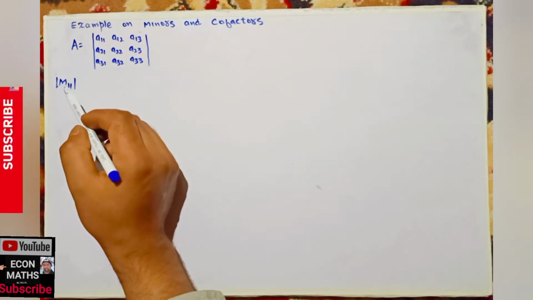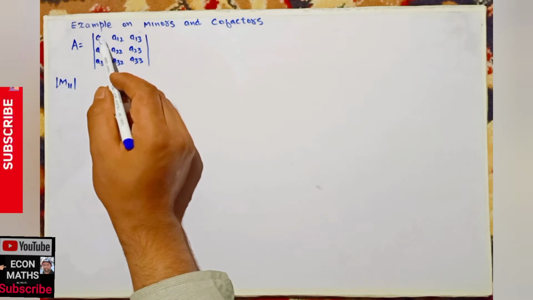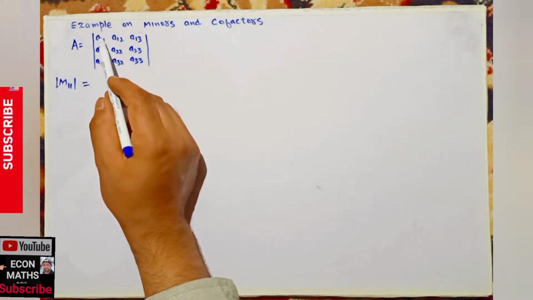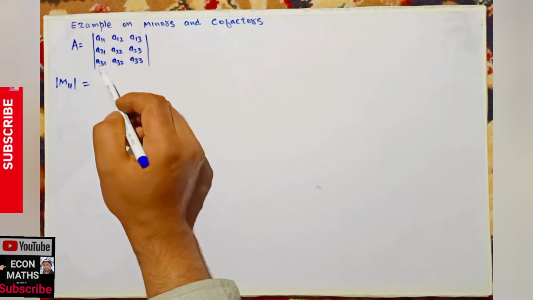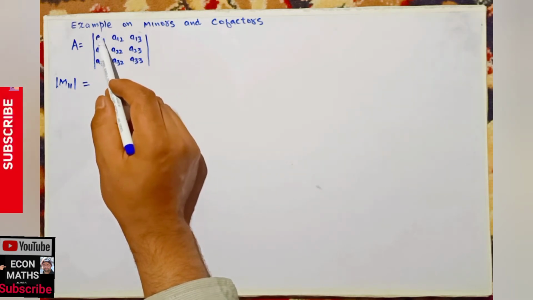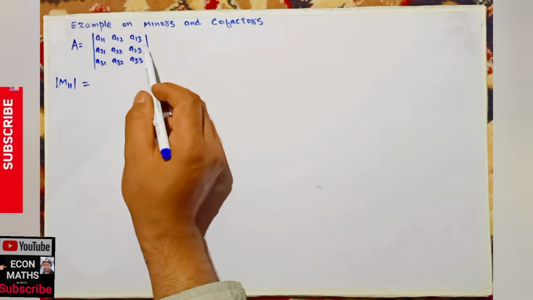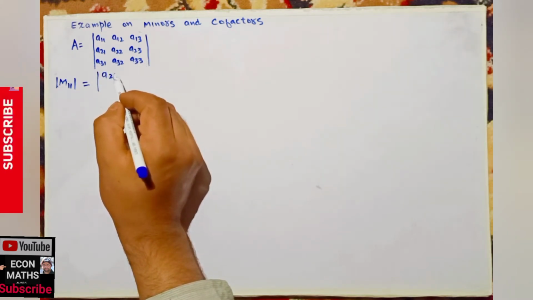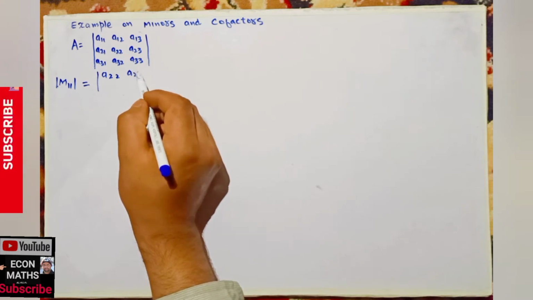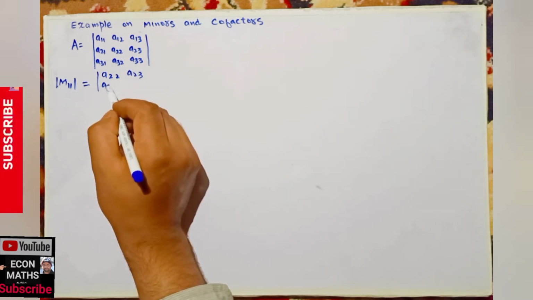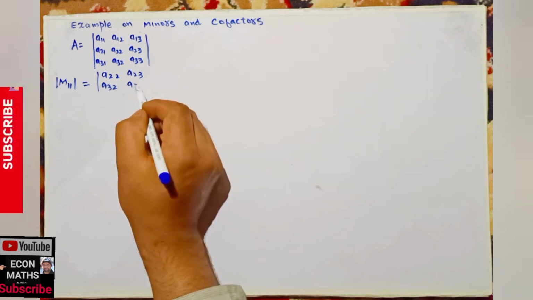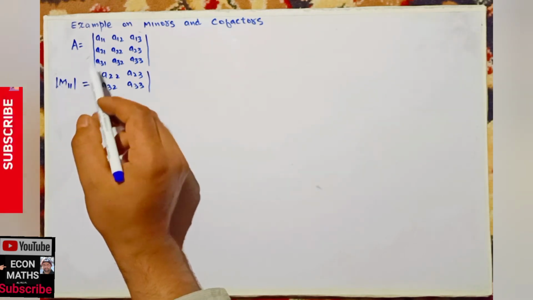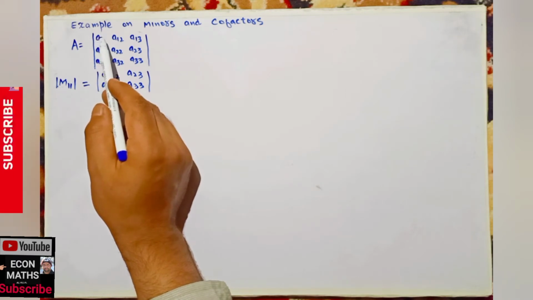We mentally delete the row and the column in which the first element A11 appears and take the determinant of the remaining elements, that is A22, A23, A32 and A33. So this is the minor M11 in place of this element A11.